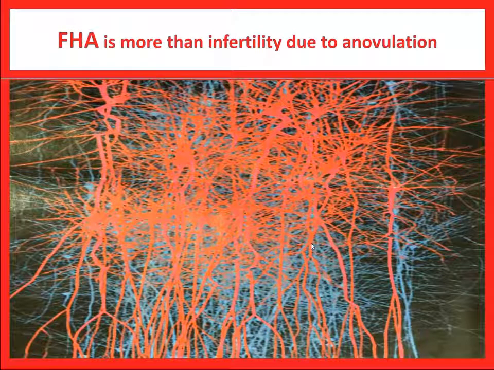And the other point to reinforce is that functional hypothalamic amenorrhea or anovulation is more than just infertility due to anovulation. It always carries neuroendocrine concomitants, and the ones that we've talked about most today are the thyroidal axis and the cortisol axis.